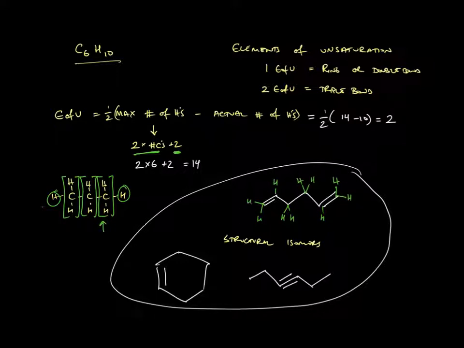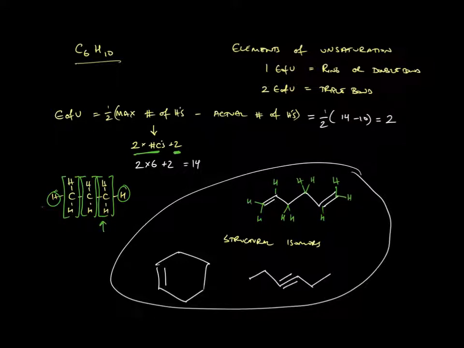So instead of having to add up their hydrogens, you can just say, well, this guy has 2 elements of unsaturation because it has a triple bond. This one has a ring and a double bond, and that's 2. Therefore, they must assuredly be structural isomers regardless of their number of hydrogens. Hint, their hydrogens are the same.